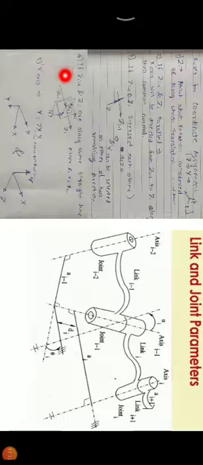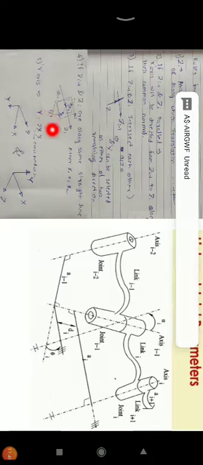See point number 4. This is the third case. If the axes Z_i-1 and Z_i are along the same straight line, meaning they are collinear, this is Z_i-1 and this will be Z_i. In that case x_1 will be along, here two planes are there.